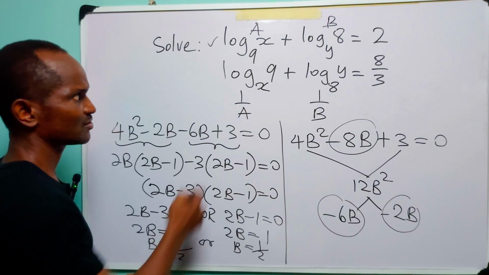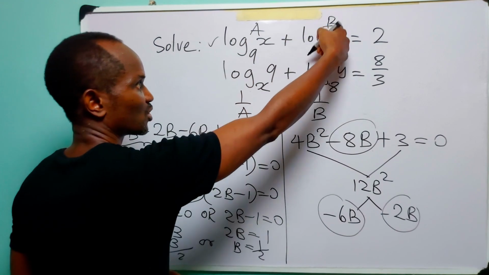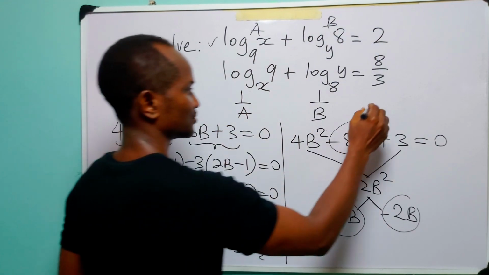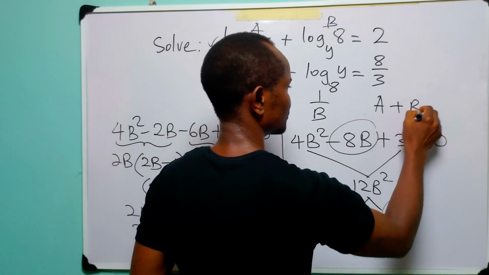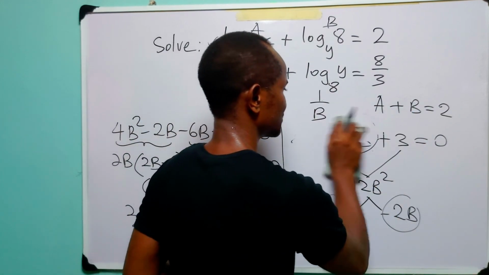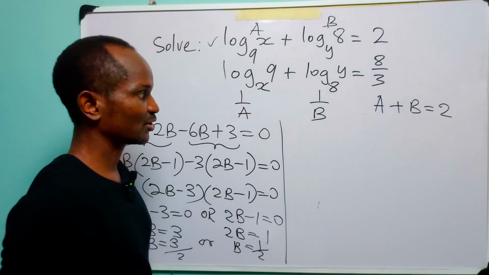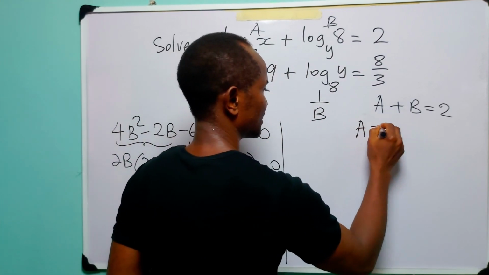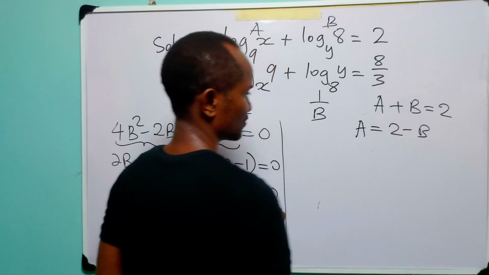And of course, we go back to the first equation, that is a plus b is equal to 2. From this equation, we can get values for a. Because of course, we know that a is equal to 2 minus b.